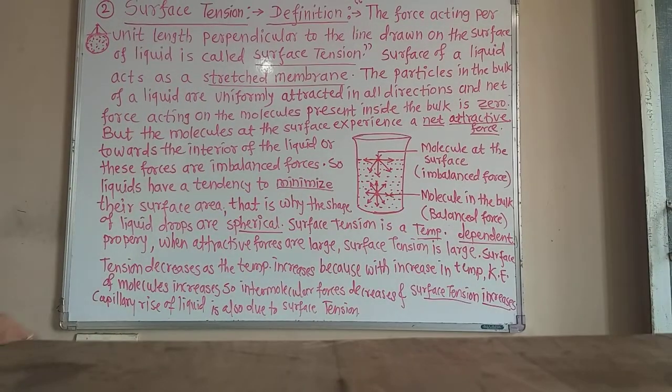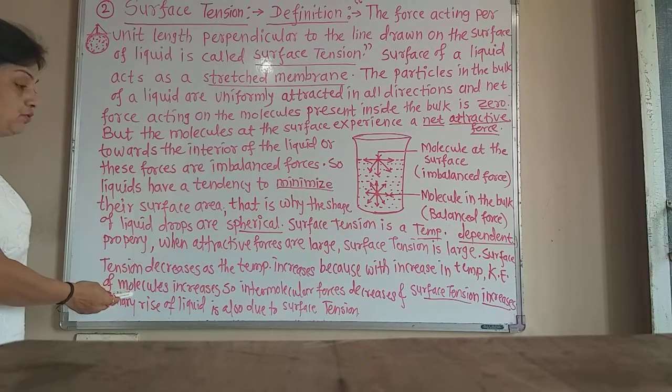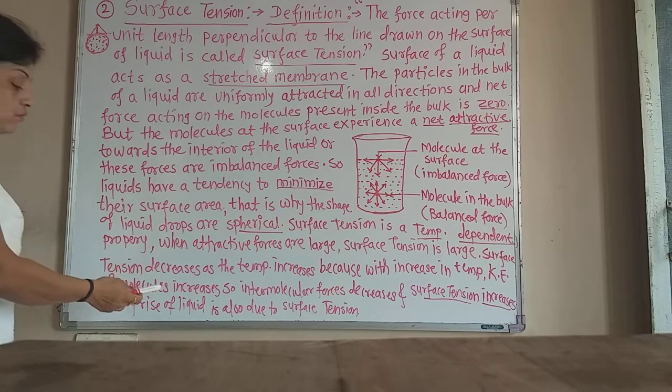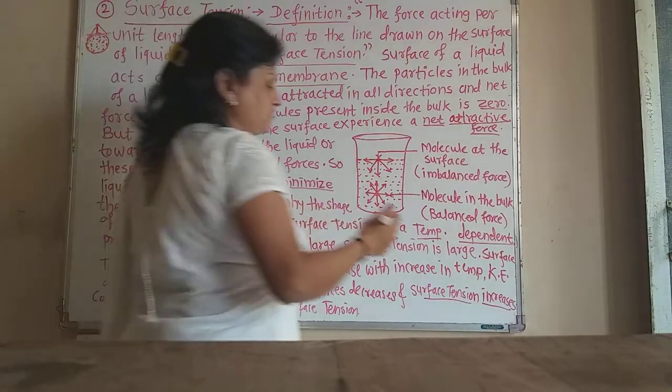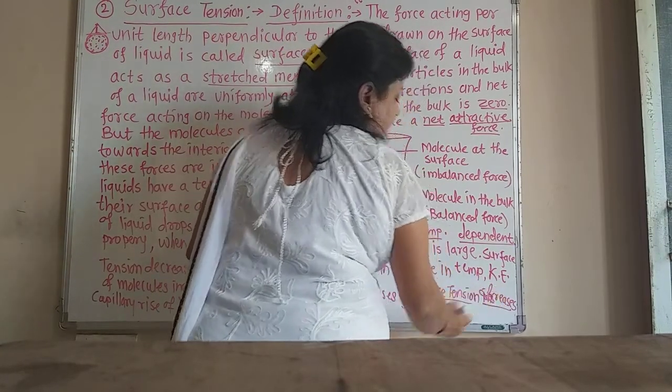But surface tension decreases as the temperature increases. With increase in temperature, the kinetic energy of the molecules increases, so intermolecular forces decrease, and that is why the surface tension also decreases. As the intermolecular forces decrease, surface tension decreases.